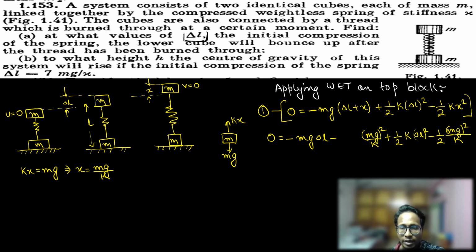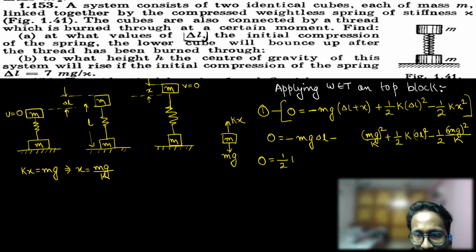Now see out here, what we have to find out? We have to find out delta L. Fair and fine. So if we reorganize this equation, what do I get? I can write this half k into delta L square first.